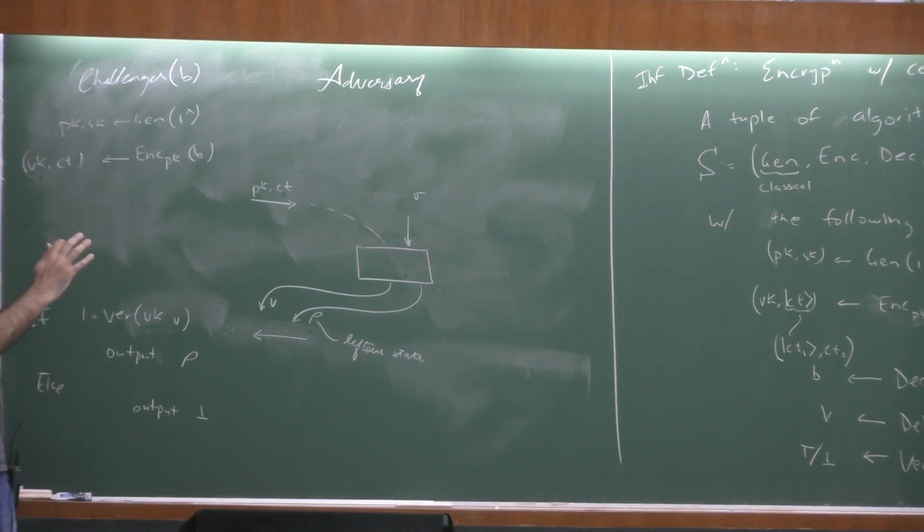First of all, this is the definition. You have to give me a construction that satisfies this definition. Of course, if your construction is to just not check V, like if the verification procedure always outputs 1 without doing anything, obviously it doesn't satisfy the definition.